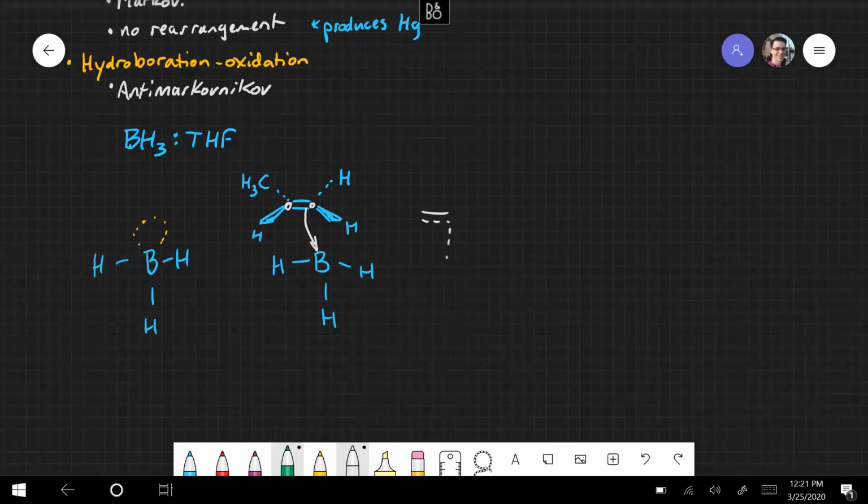Okay, so let's suppose it were to bond to the right one. Here's my boron, hydrogen, CH3.